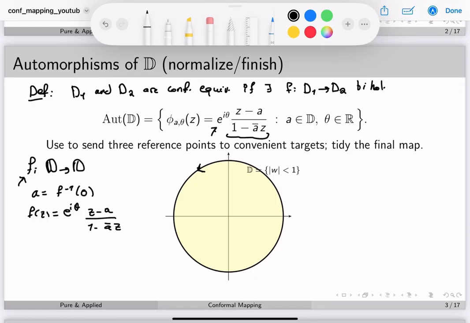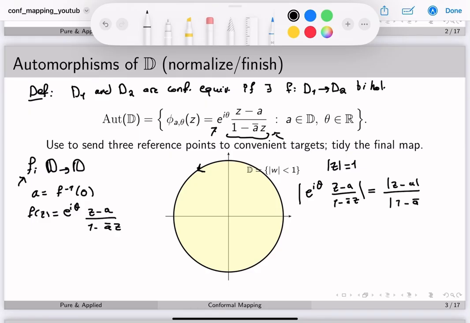So for example, here, if we ask the question, where does the boundary, which is the unit circle in this case, go under a map of this form? Well, we observe that if we take, for example, the modulus of that, and we assume that z is of modulus 1, then here's what we have. This thing is equal to the same thing as this thing, because that's of modulus 1. And the bottom, here's what I'm going to do to it.